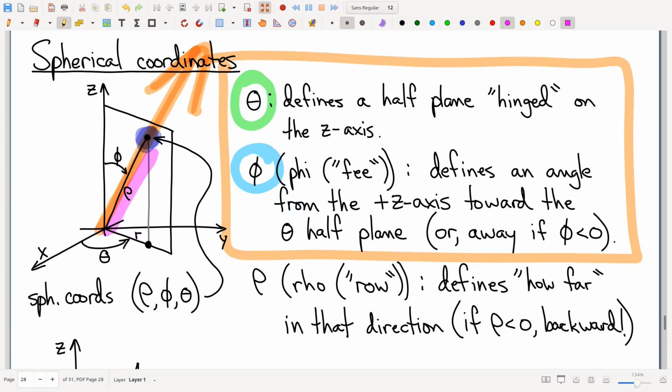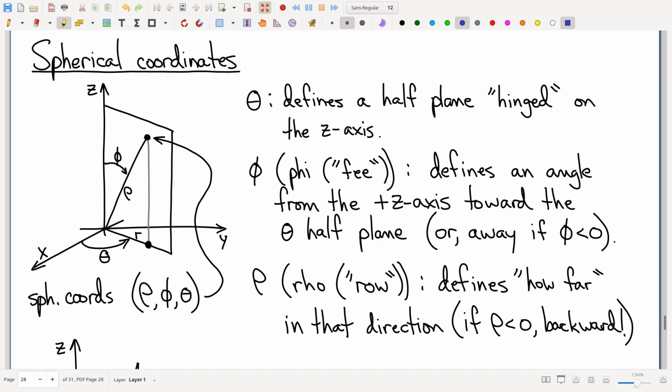That tells you, therefore, where your point ends up. And again, negative values just go the other direction. Everybody happy? Okay. All right. A lot of little details there.